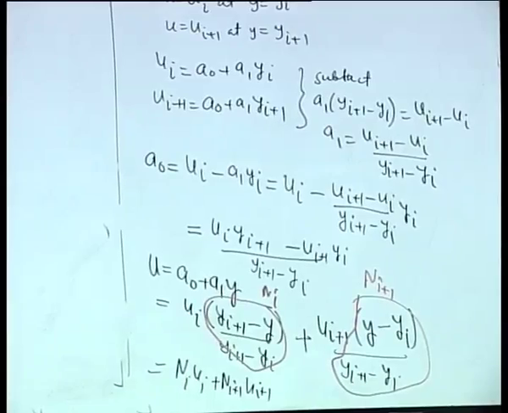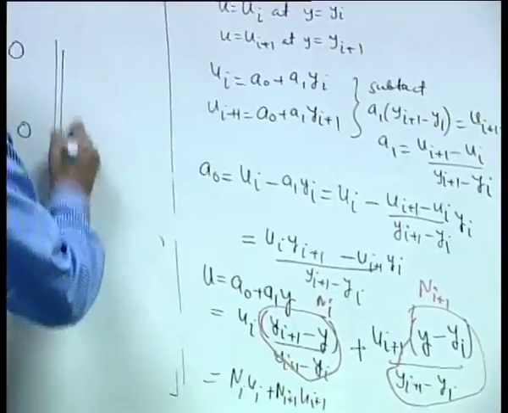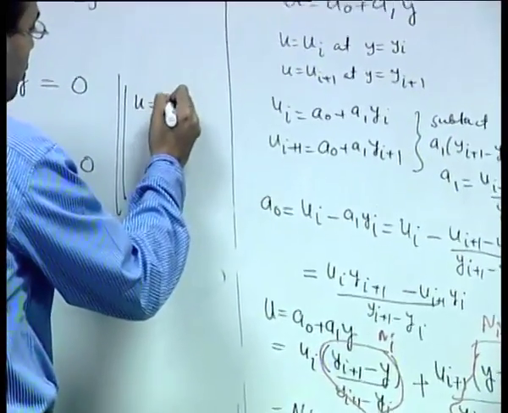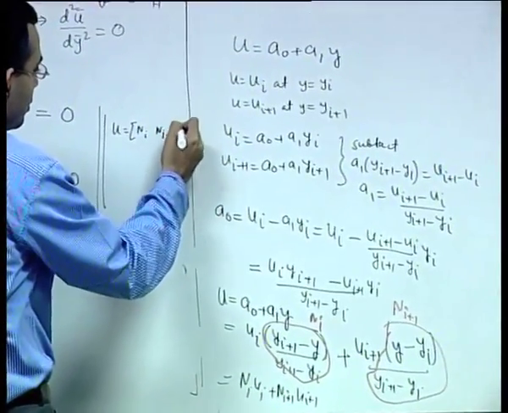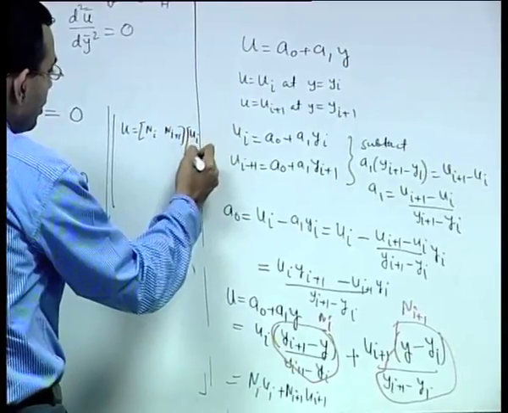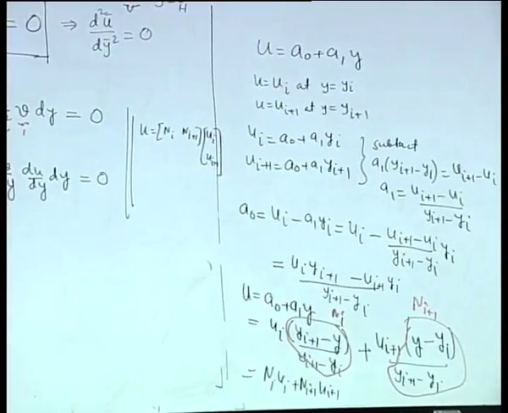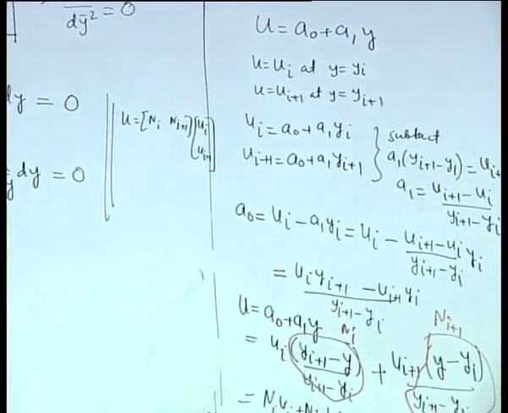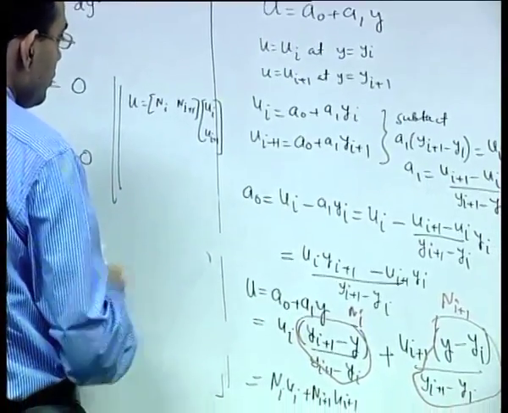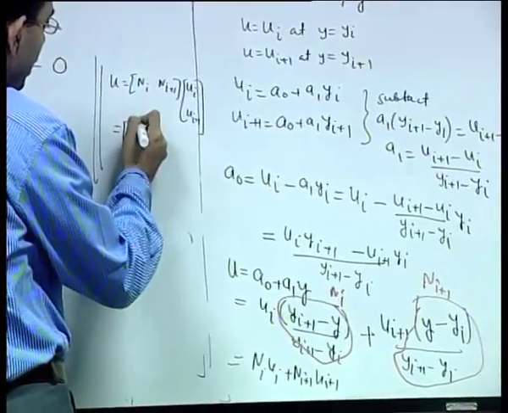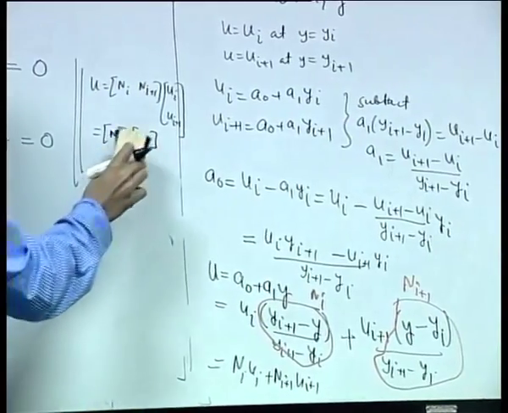So, what you are doing essentially is writing u as Ni ui plus Ni plus 1 ui plus 1. We call it N matrix into u vector.